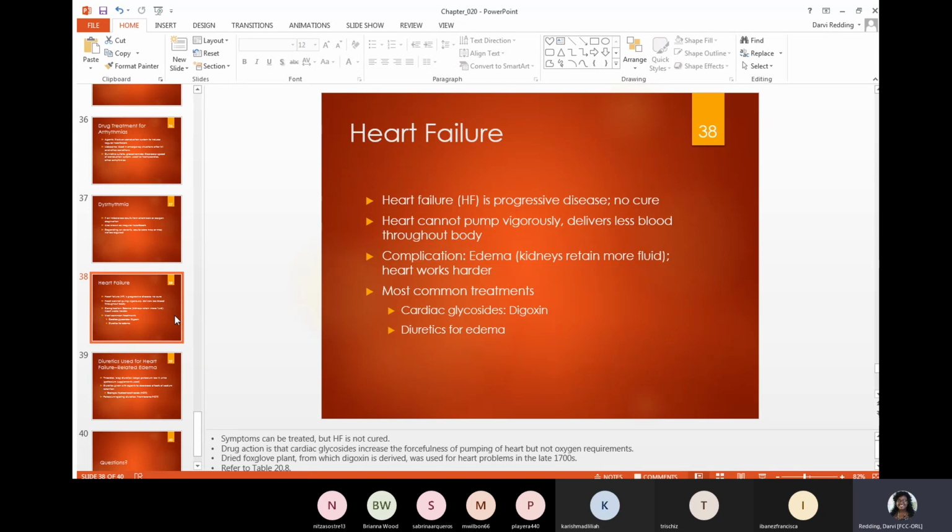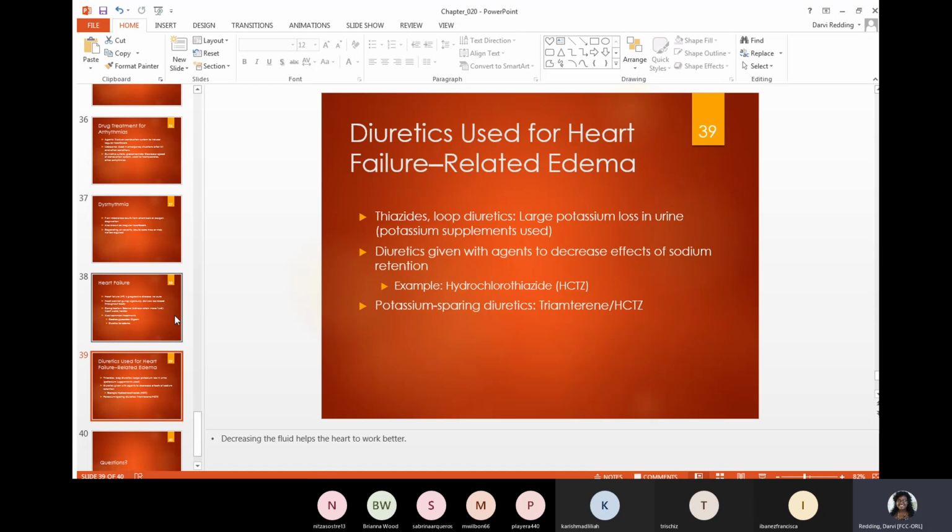There are different types of diuretics, and some examples used for heart failure in relation to edema would include thiazides. An example of a thiazide would be hydrochlorothiazide, which is abbreviated as HCTZ. You have examples like loop diuretics. An example of a loop diuretic, if I'm not mistaken, is Lasix, whose generic is furosemide.